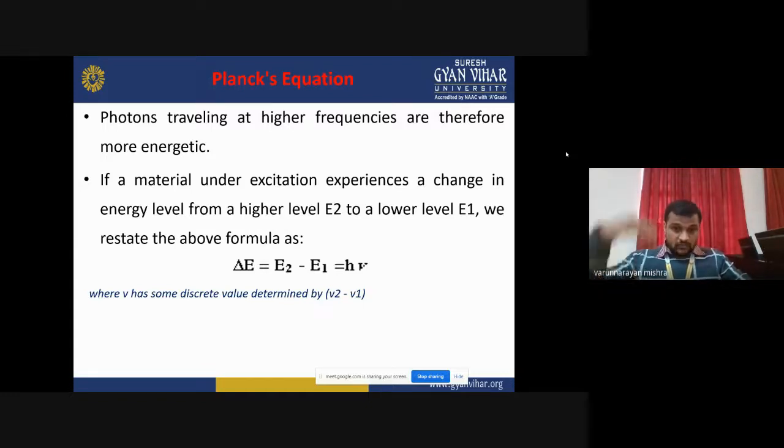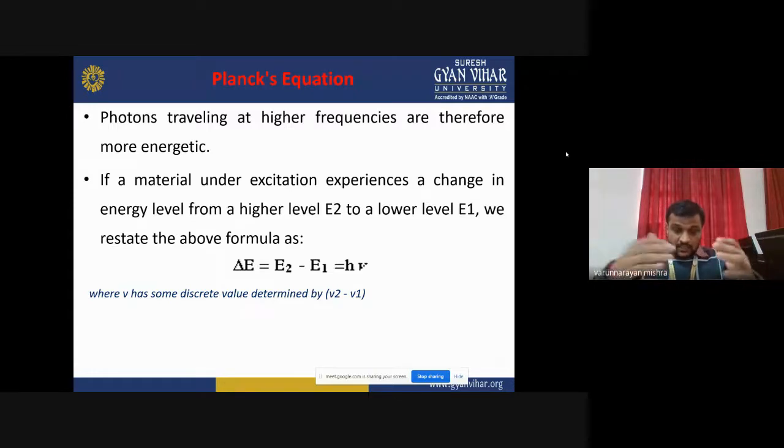So they reach a higher energy level from a lower energy level. When they go from the lower to the higher energy level, they remain at that position for a certain time. But when they start moving back towards the lower energy state, they release an amount of energy in terms of photons, which is a kind of radiation.